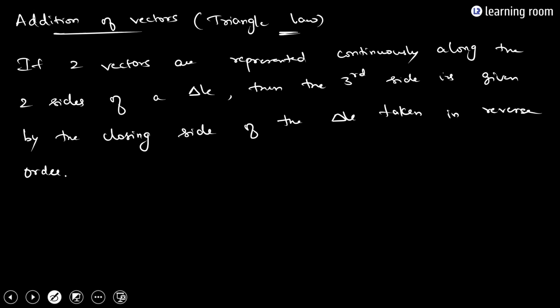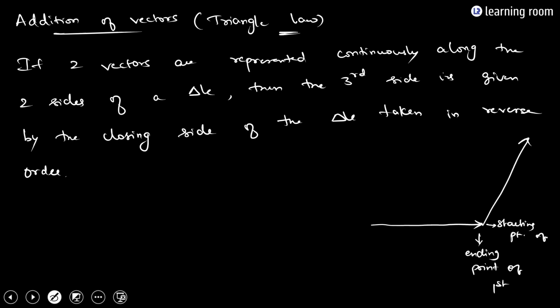So, if I take one vector like this and another vector like this, that is, the ending point of the first is the starting point of the second, then these vectors are said to be continuous vectors.